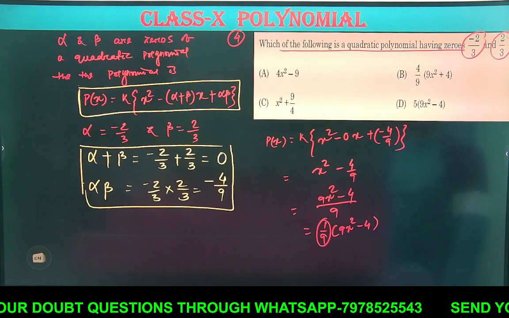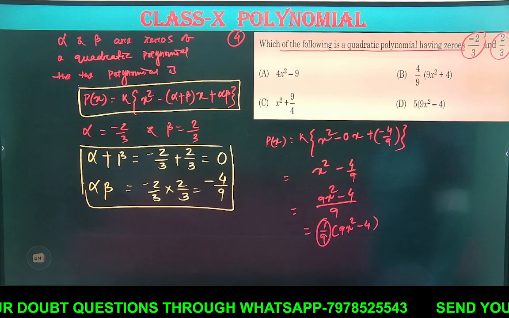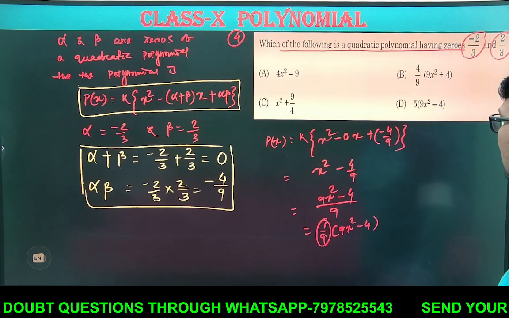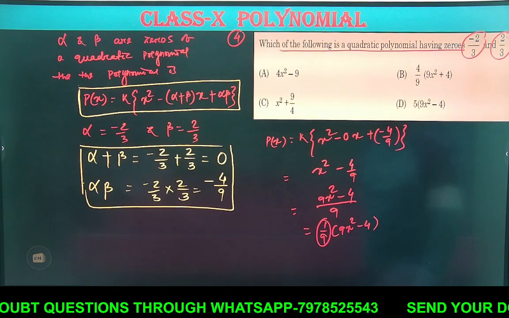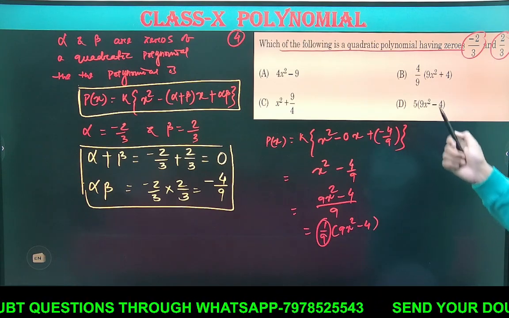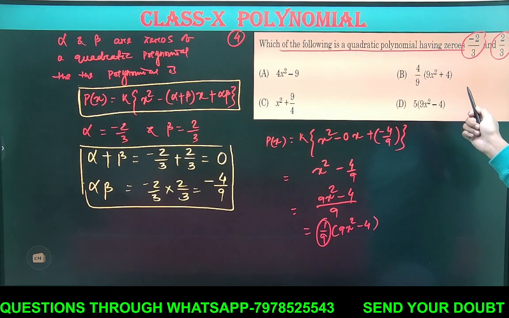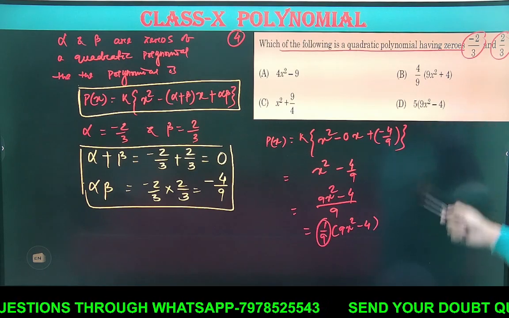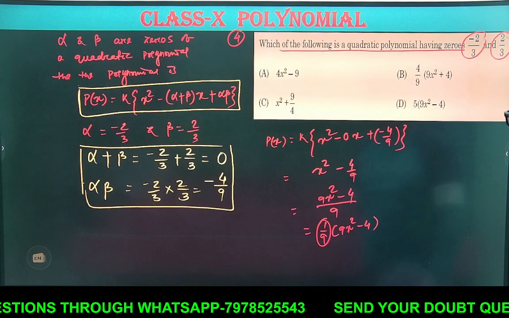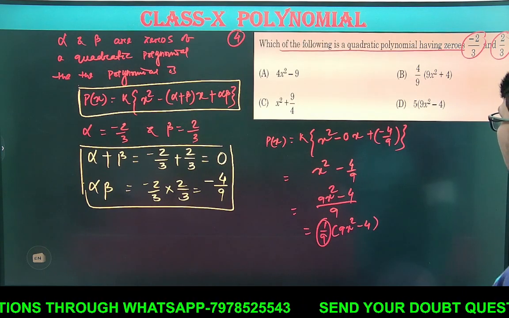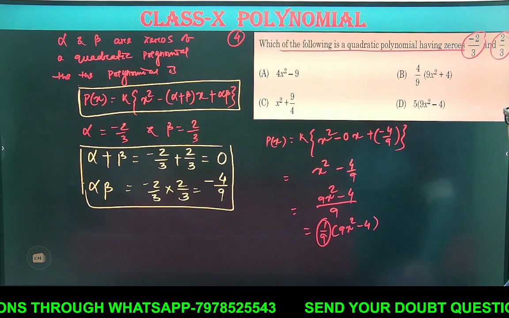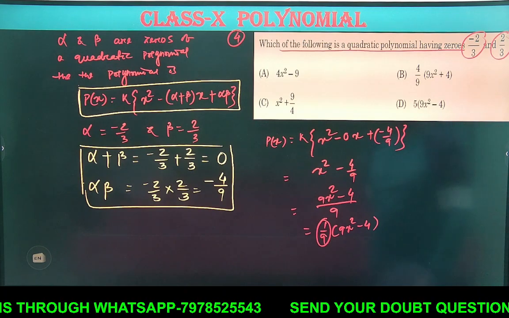Hence, as per the question, which is matching? 4x square minus 9? No, it is not matching. So let me see which one. X square plus 9 by 4, no. Then which one? 9, 9 cancel. 4x square plus, let us simplify this, 4 by 9 minus 4 by 9.